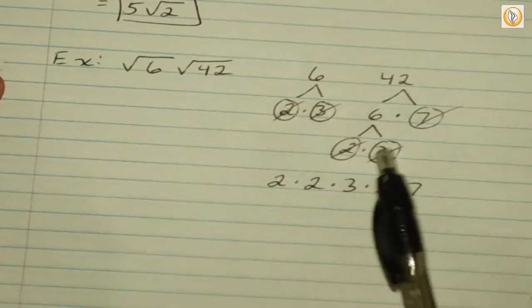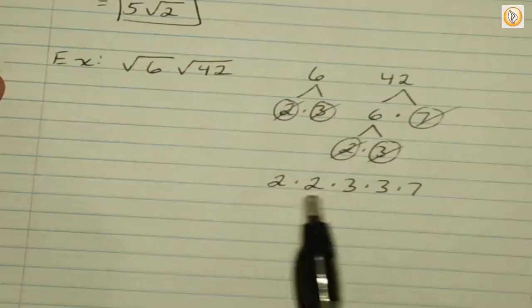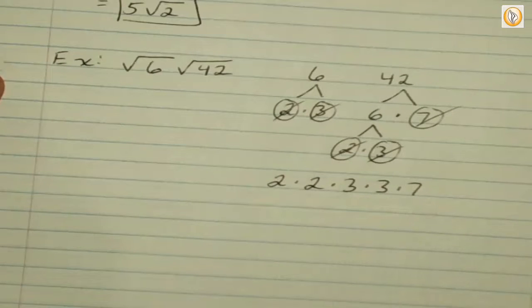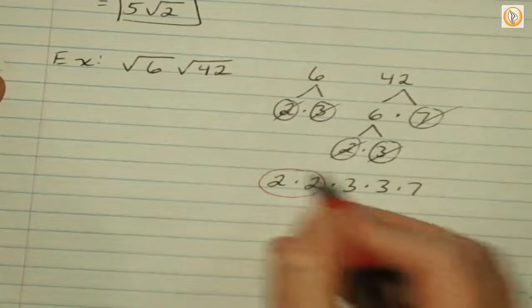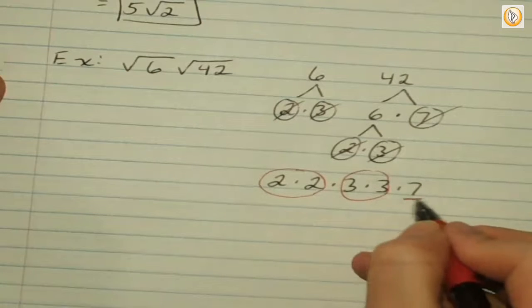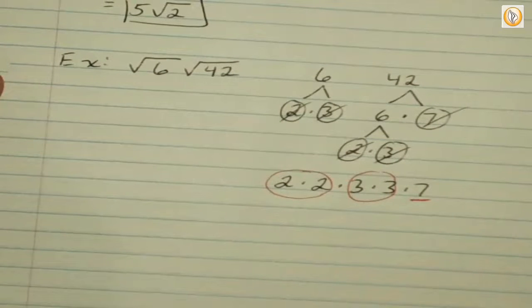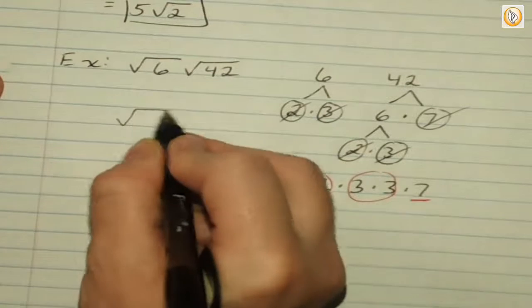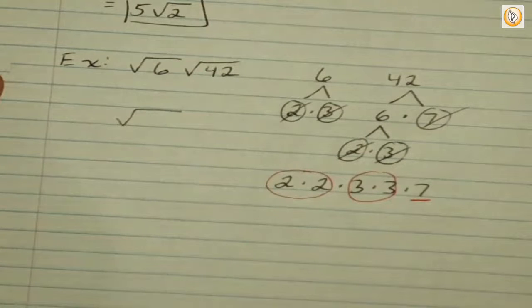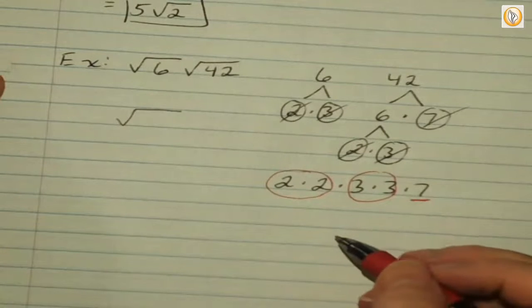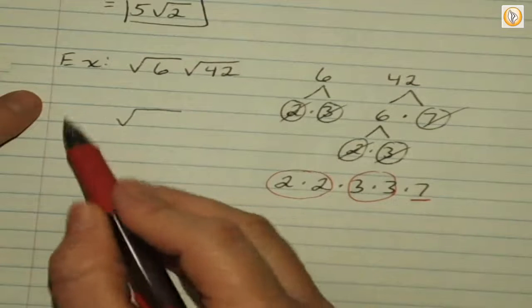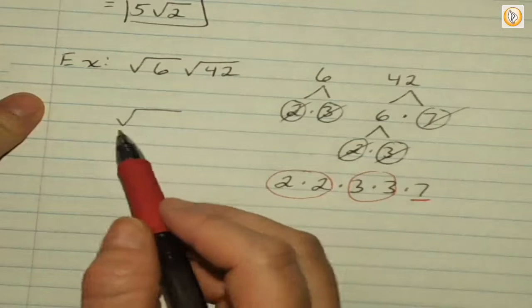I have 1, 2, 3, 4, 5 circled and 1, 2, 3, 4, 5 listed. I'm going to circle my pairs, and there's my leftover. Will there be one where they're all pairs? If everything goes on the outside, then that's your number.